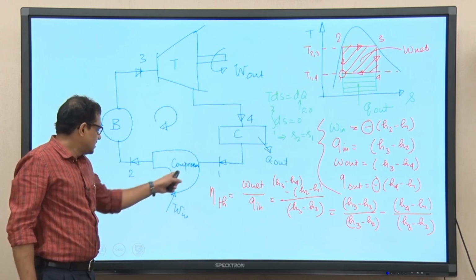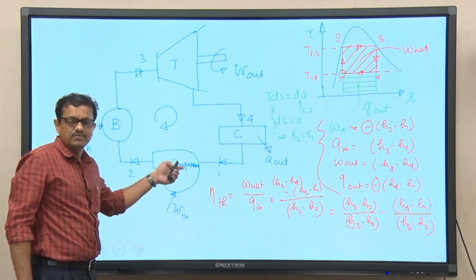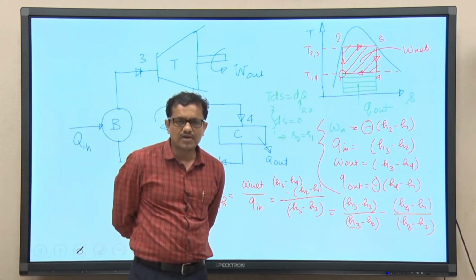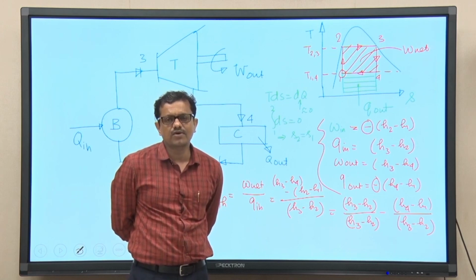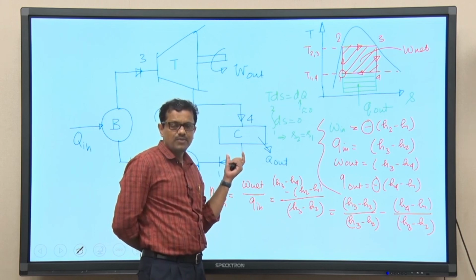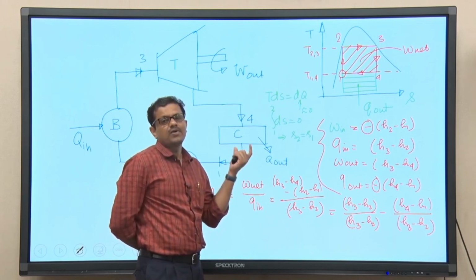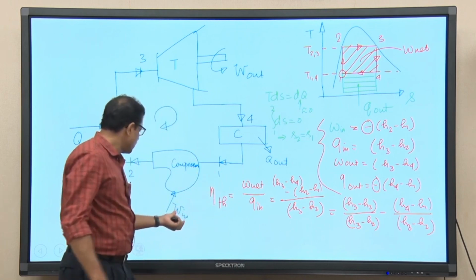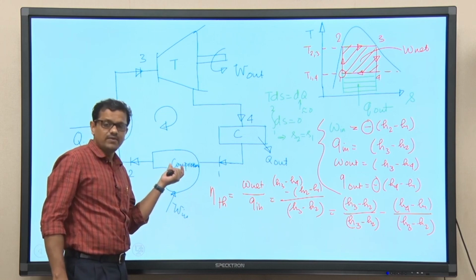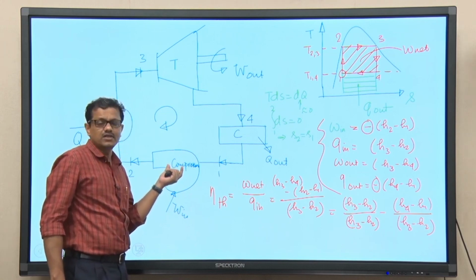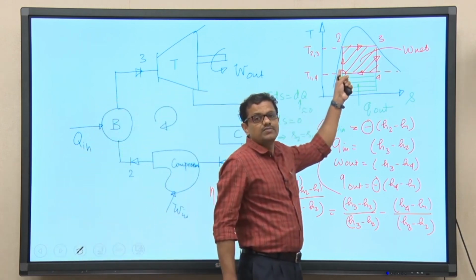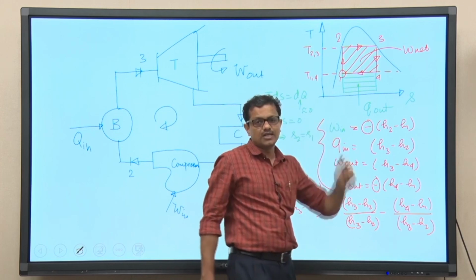Since the compressor needs to handle a two phase mixture, we all know the specific volume of vapor is higher than the specific volume of liquid. So handling a two phase mixture requires higher power consumption. So W in that should be supplied to run the compressor will be very high, accounting for the higher specific volume of the vapor corresponding to state point 1.